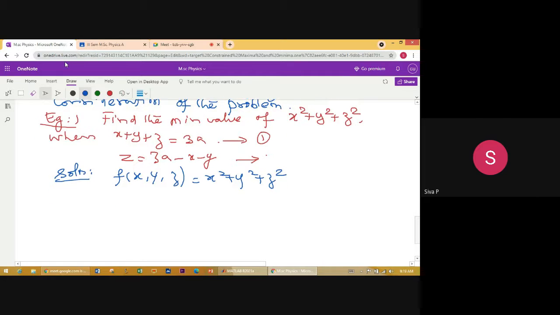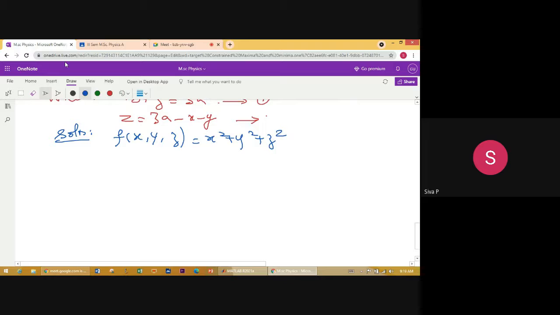Afterwards we can discuss Lagrange's method of undetermined multipliers. First we use replacing the variable: substitute x square plus y square plus, eliminating z, (3a minus x minus y) whole square. Now it becomes an equation of two variables.